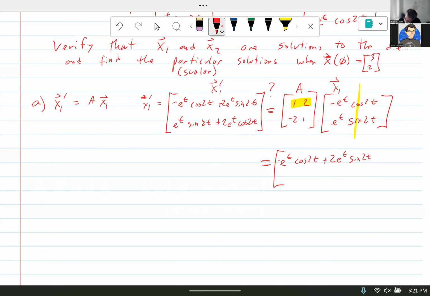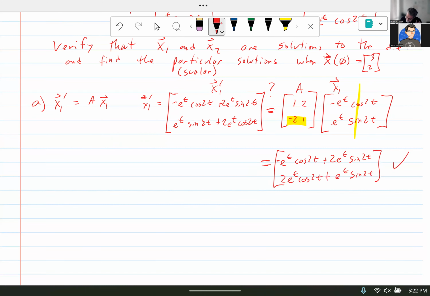Then the second row times the first column is negative times negative, which is positive 2e to the t cosine 2t, plus e to the t sine 2t, which is in fact the same. That checks.